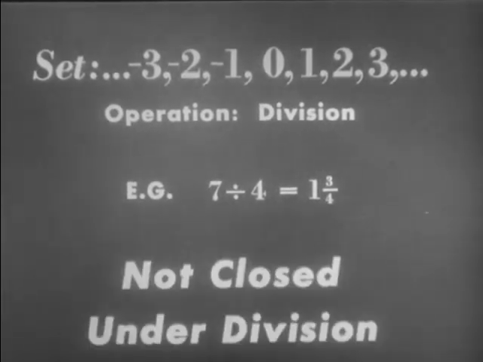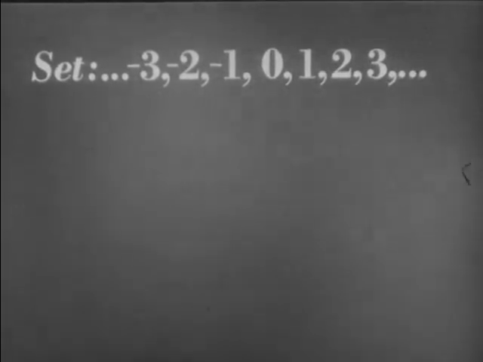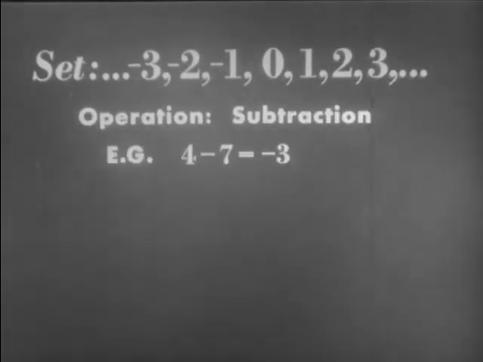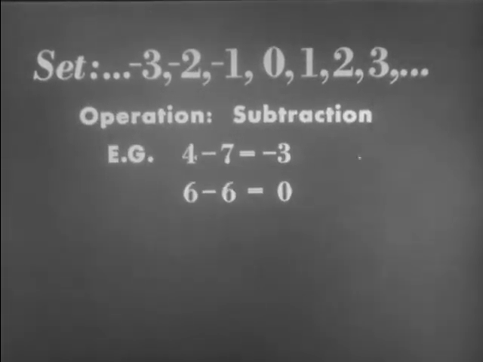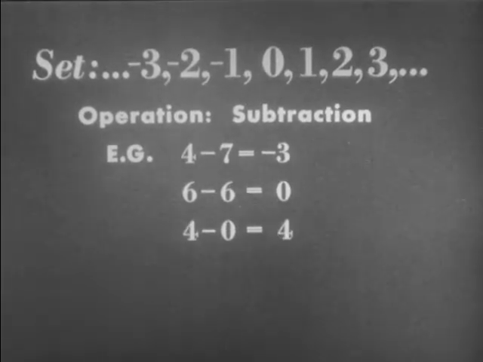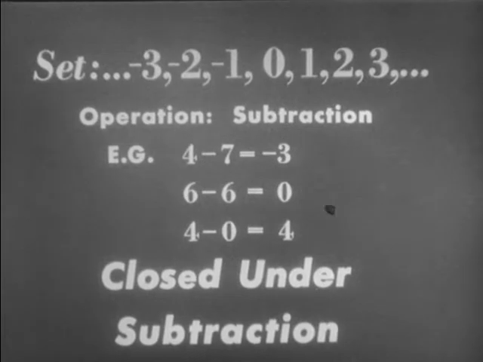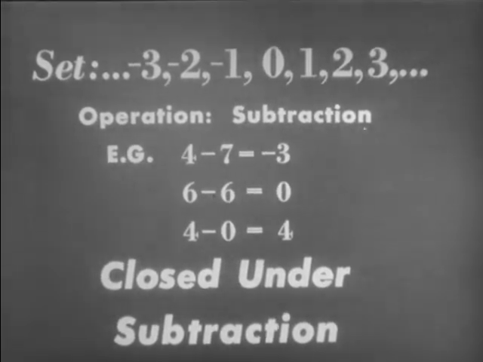It's a fraction. Thus, the set of integers is not closed under the operation of division. What about subtraction? Since we know from experience that the result will always be an integer, one of the elements, we know that the set is closed under subtraction.